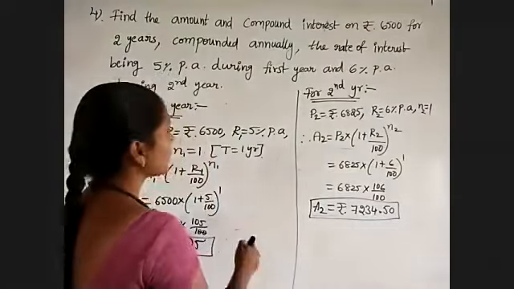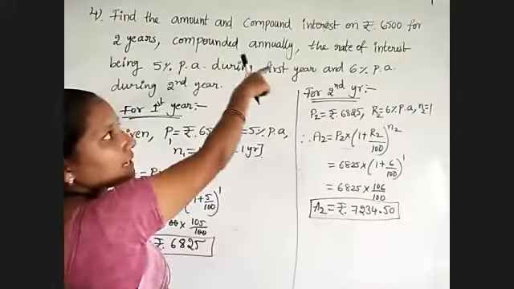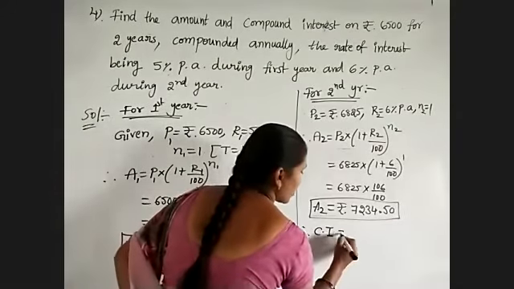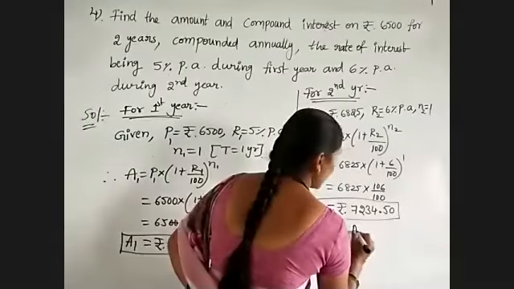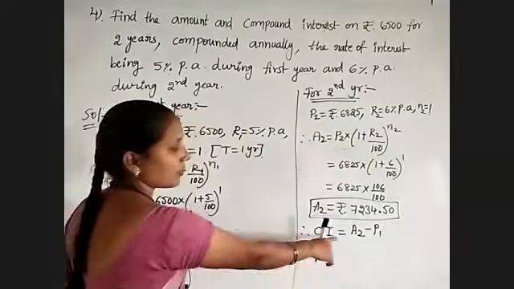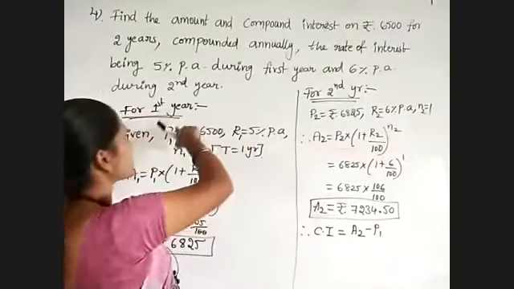Okay, we need to find out the amount as well as the compound interest. So compound interest for 2 years will be equal to amount minus principal. Amount at the end of 2 years, and principal at the starting year.